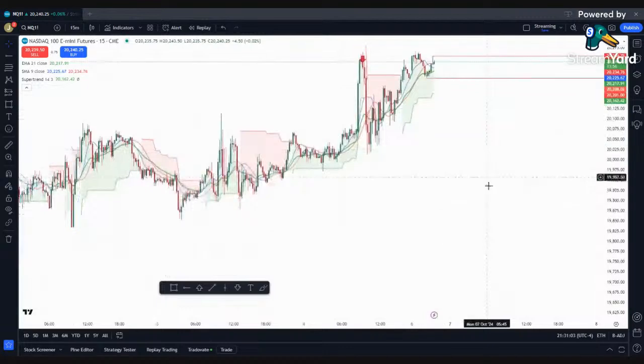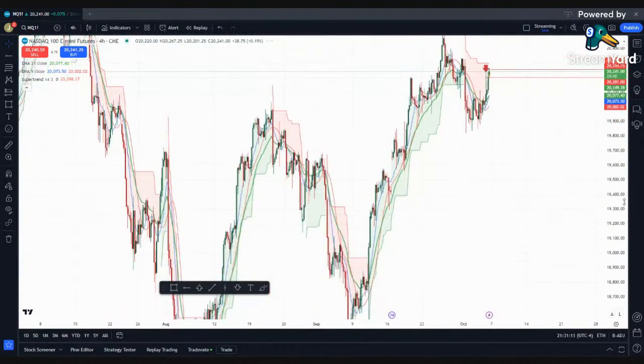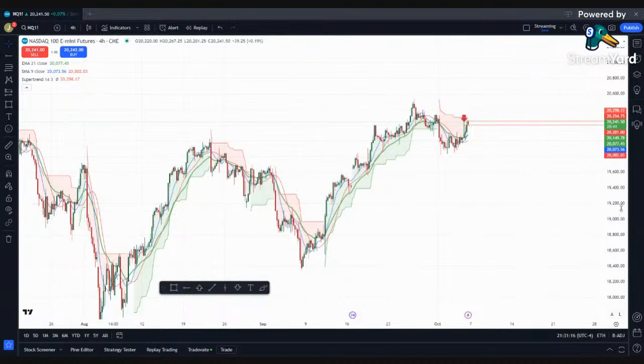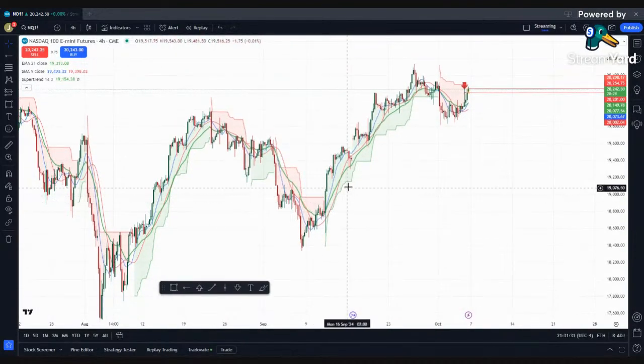I'm not telling you to, but if you are a swing trader for today, I'm guessing there will be a sellout at this level of 18,900 to 19,600, because we had a good rally last week, and this is just a guess.